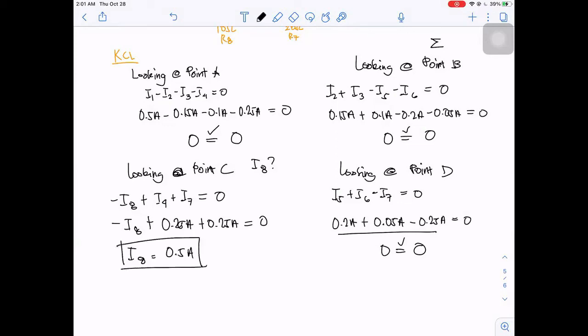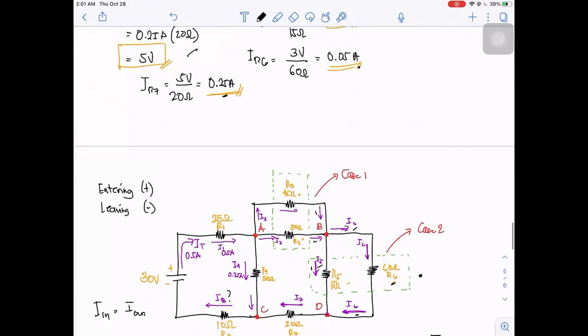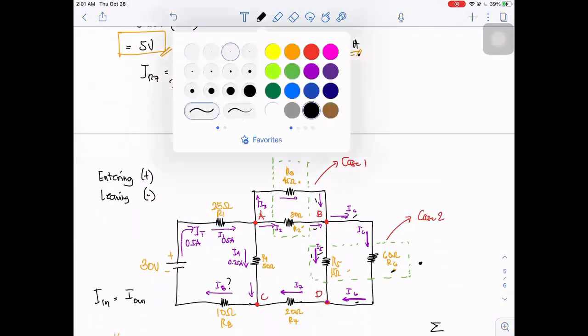Okay, so I8 is also equivalent to IT. So this is the same current that is flowing in the circuit. So we have this current going here.